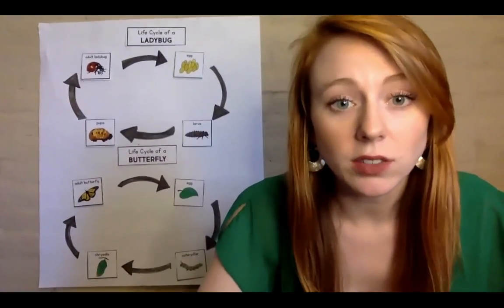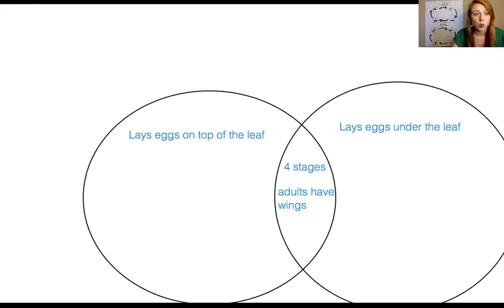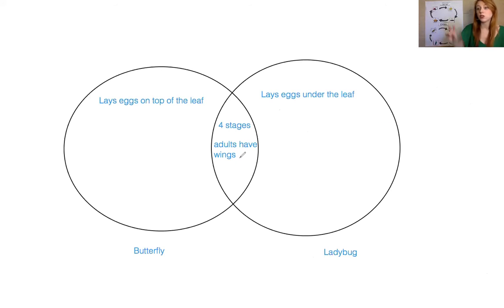The middle is what the two share that they have in common, or the things that are similar. So in this Venn diagram, on the left side, I have the butterfly, and on the right side, I have the ladybug. And in the middle, I have the things they have in common, their similarities.